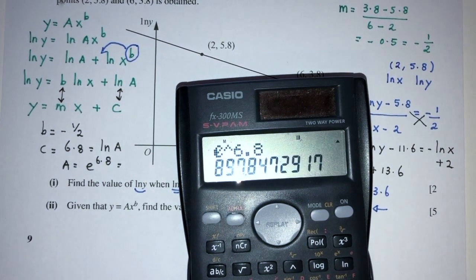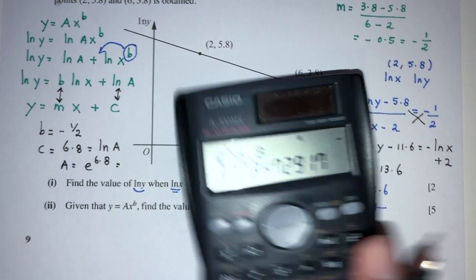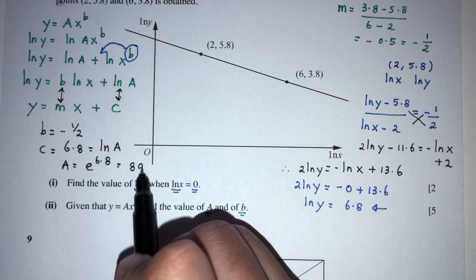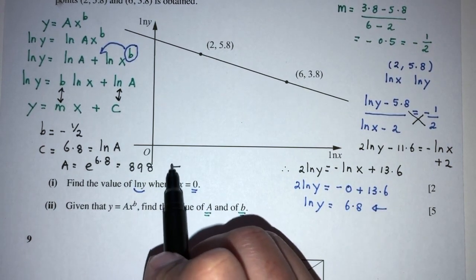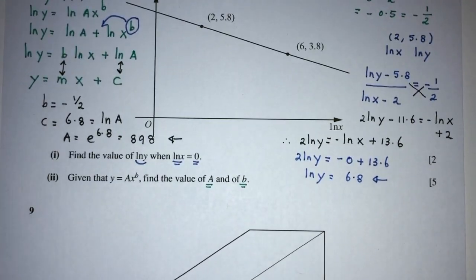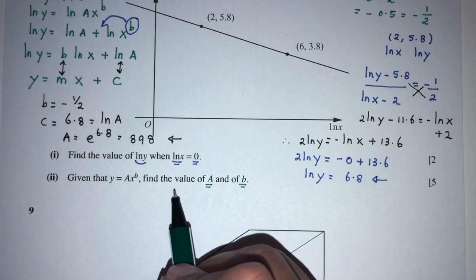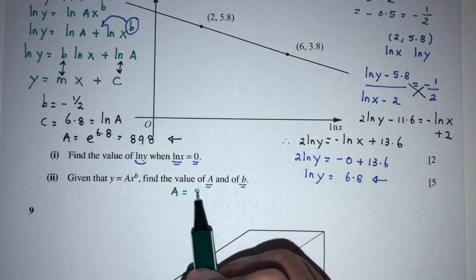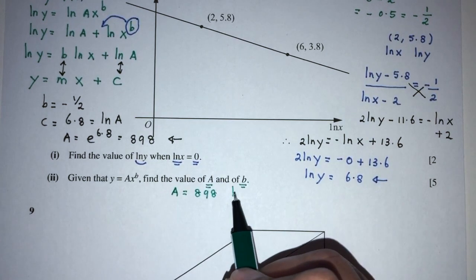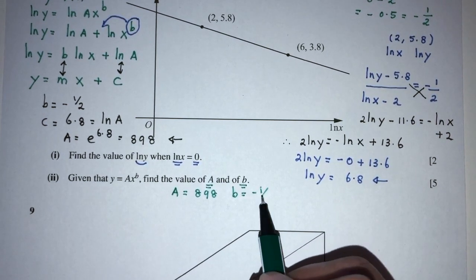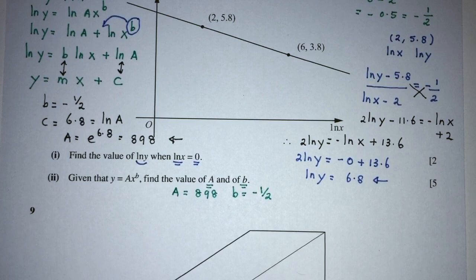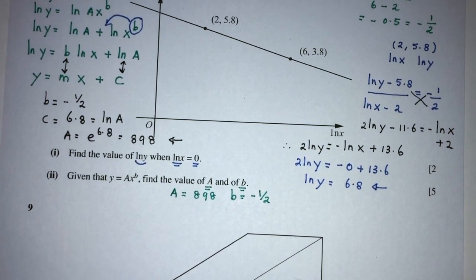That will be 898, so 898 correct to 3SF. That will be your value of a. So let's write this down. The value of a correct to 3SF will be 898, and the value of b has to be minus half, according to the equation and the information given to us.